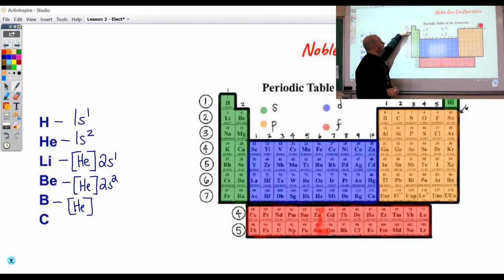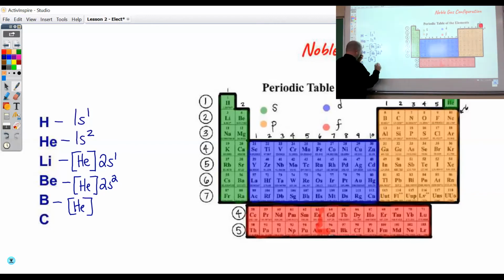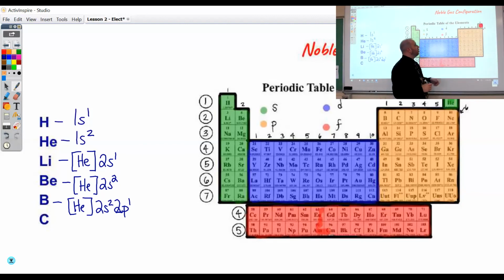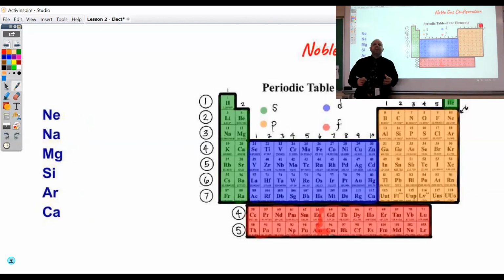Then we will pick up and write 2s2, 2p1. And similarly for carbon, we're going to write helium, then 2s2, 2p2. Let's take a look at some additional examples.